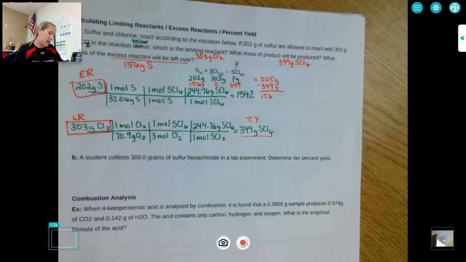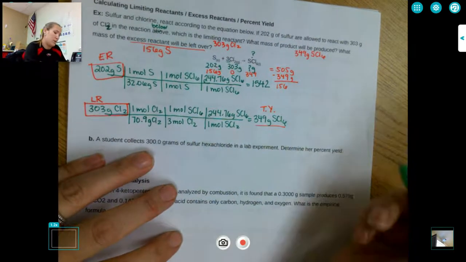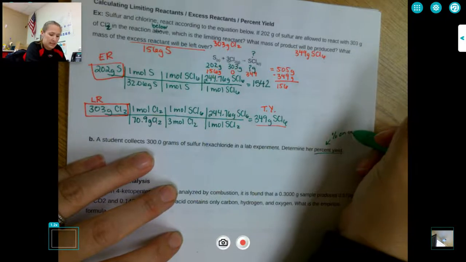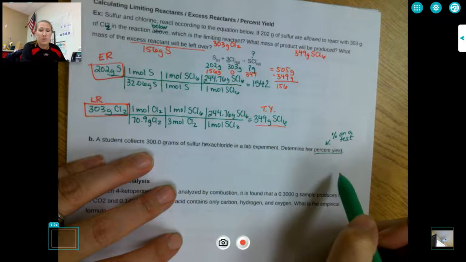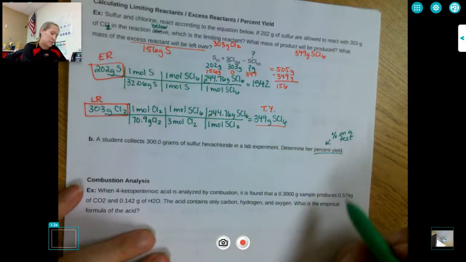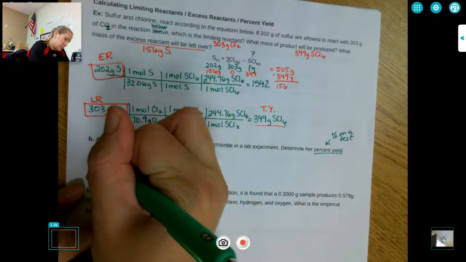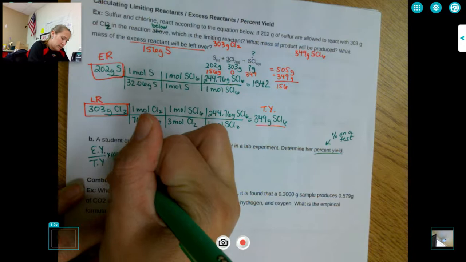Okay. What if a student only collects 300 grams in a lab? Percent yield. Percent yield is just like your percent on a test. It's what points you got divided by how many you could have gotten, times 100. So her yield, which is the experimental yield, divided by the theoretical yield, times 100.